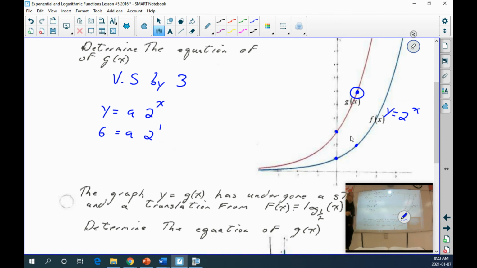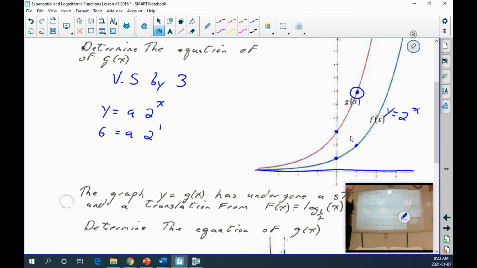I know there's no vertical move because I still have the same horizontal asymptote. Could I have performed a horizontal move on this? Possibly. But it's much easier to look at this guy and just go, it's a vertical stretch.